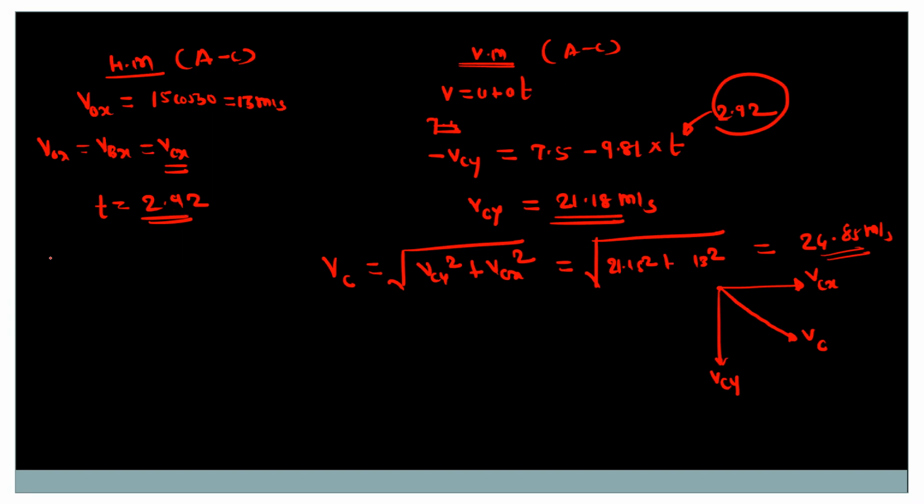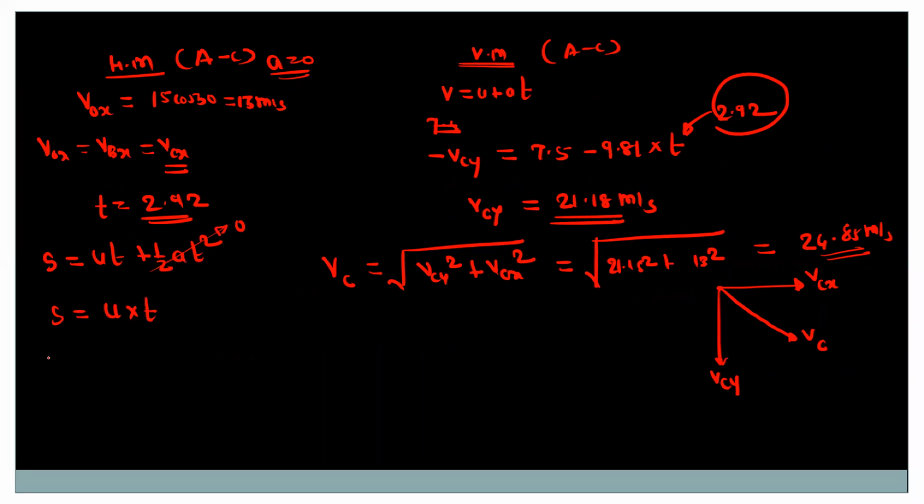So we can use the equation S is equal to ut plus half at square. For horizontal motion, acceleration is 0, so this total term is 0. So displacement S is equal to velocity into time.